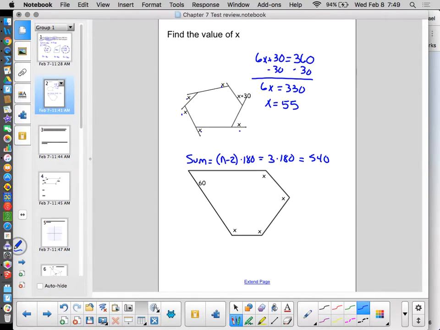Now I just set up my equation. 60 plus x plus x plus x plus x equals 540, or 4x plus 60 is 540. Subtract the 60, I get 4x equals 480. So x is 120.